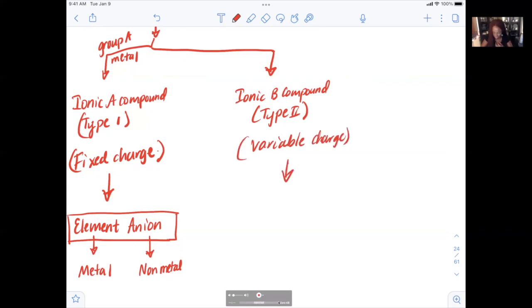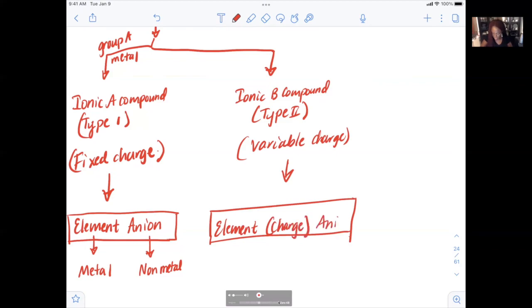Okay, and here's the format for this one here. It's the element, charge, anion. So you have metal, non-metal.